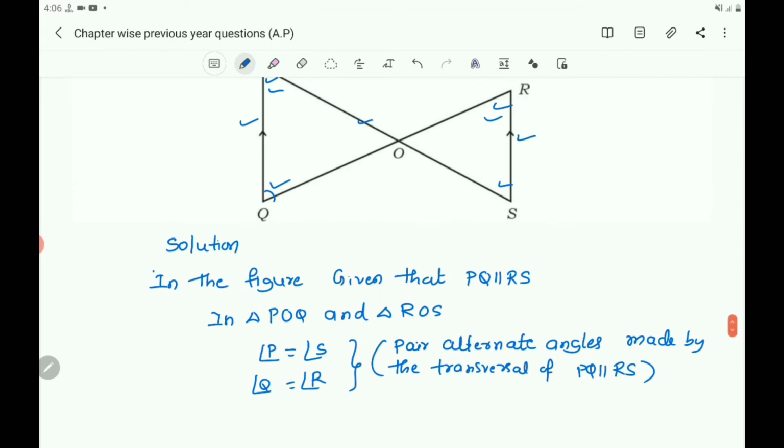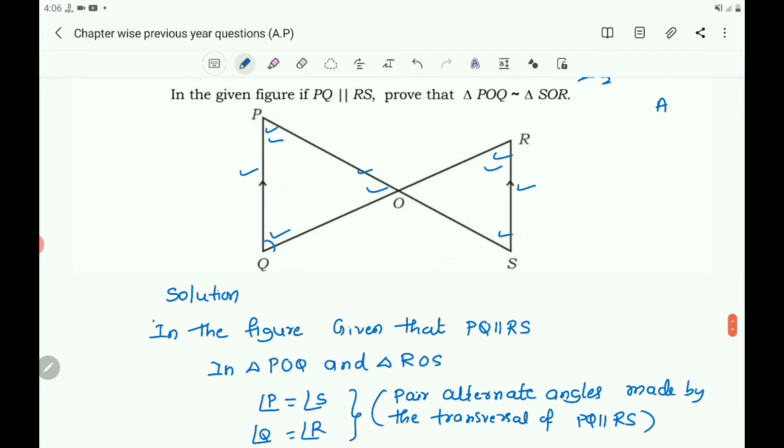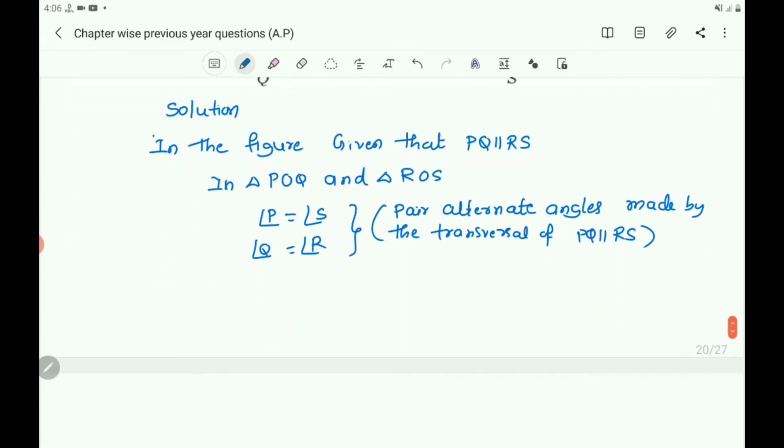PQ parallel to RS, and you can write angle POQ equals angle ROS. Reason, they are the vertically opposite angles.